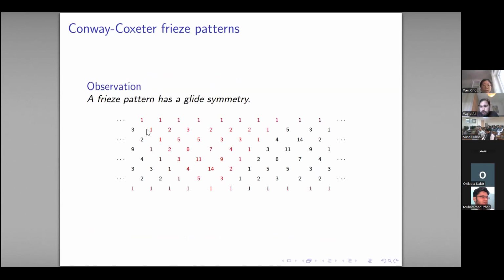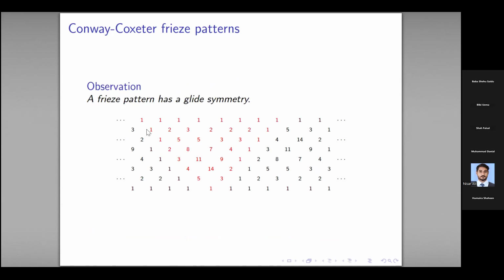And moreover, if we stare at this Frieze pattern for long enough, we would notice a symmetry called glide symmetry, in the sense that if you look at the triangle colored in red, in the first column we have 1, 1, 1, 2, 3, 4, 5, 1. And they appear again in this column, but in a reverse direction: 1, 1, 1, 2, 3, 4, 5, 1.